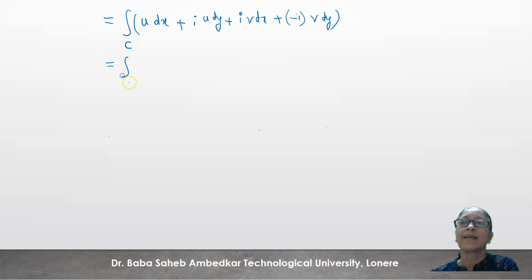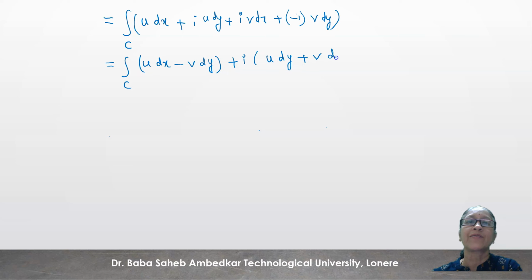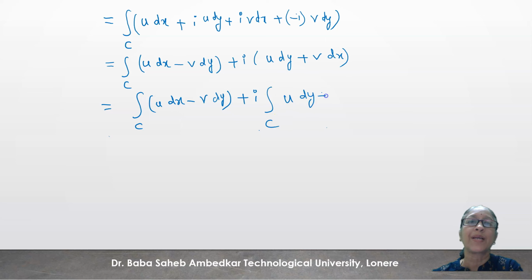That is integration along this curve C of u dx minus v dy plus i times u dy plus v dx.